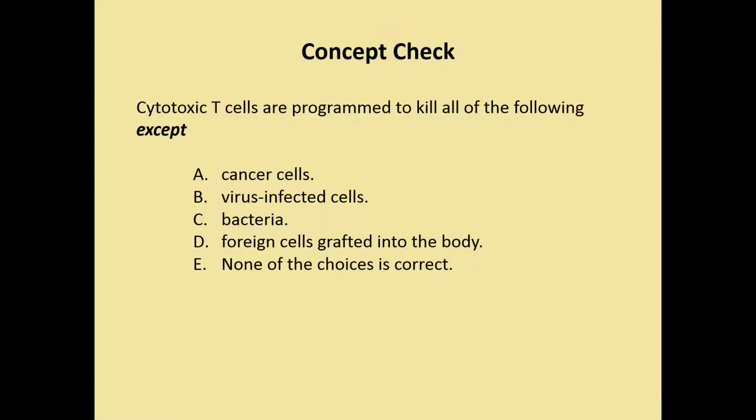Alright, so CD8 T cells are programmed to kill all the following except what? Cancer cells, virus-infected cells, bacteria, foreign cells grafted into the body. Alright, so in this case, your cytotoxic T cells are mainly going to target virally infected, bacterially infected, and foreign cell grafts.